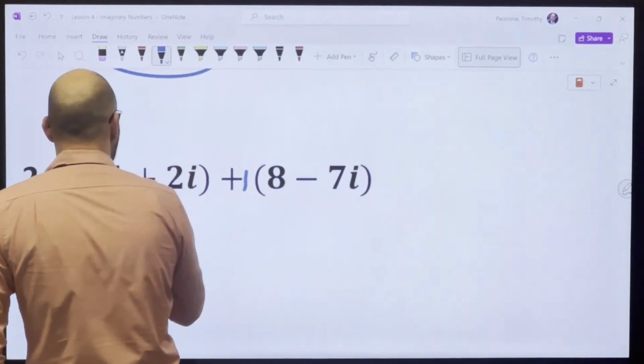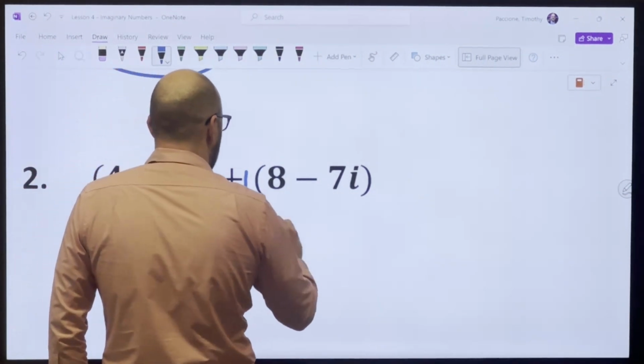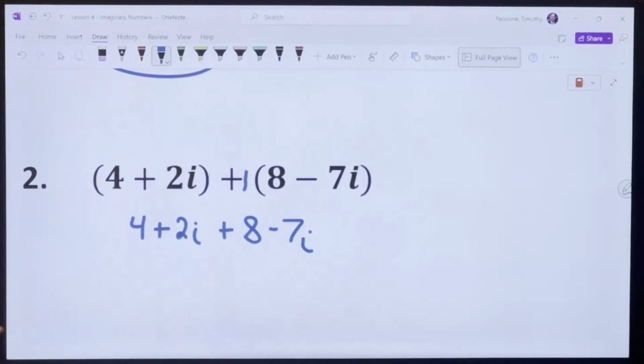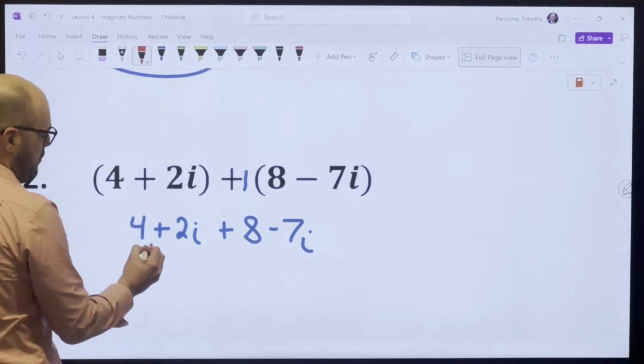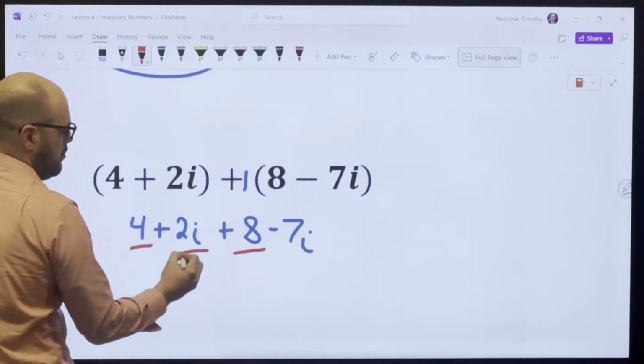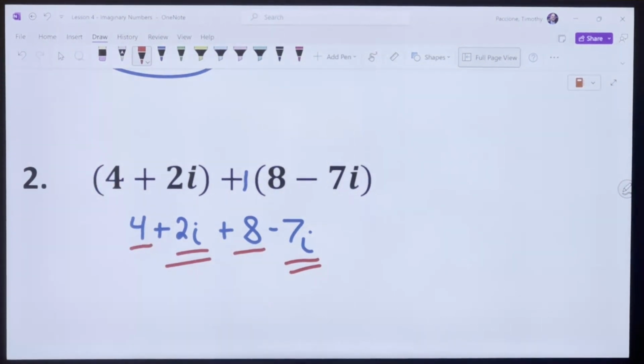This is just like if we had x in here, like from our first unit when we were just combining like terms. Now I drop my parentheses, I look for my like terms. I got 4 and 8, 2i, negative 7i. Just bring together your like terms.